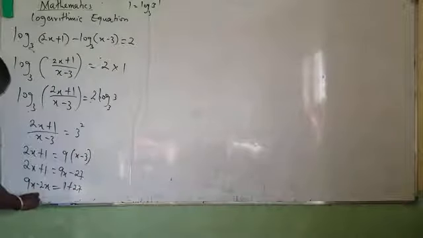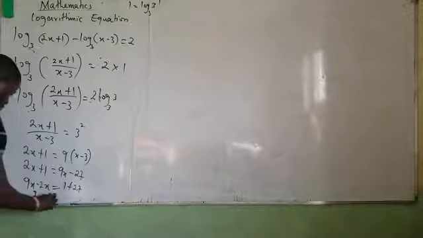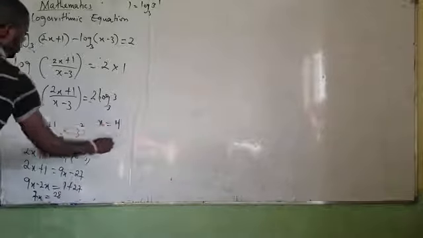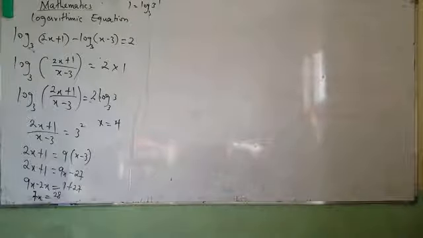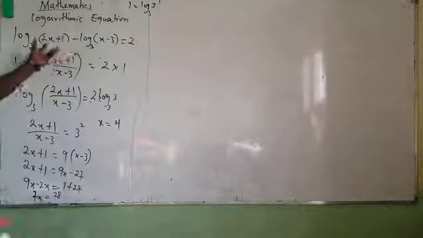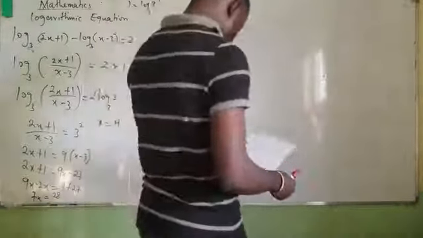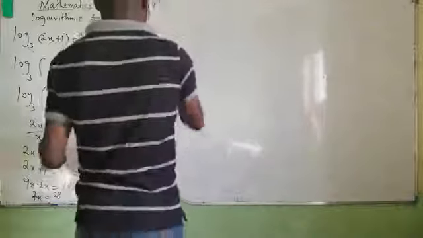This will give me 7x equals 28. Now, my x will surely be equal to 4. Now, it means my x equals 4. If we put 4 here and you do the operation, take note of that. That's what I want you to understand. Now, another question is there also.